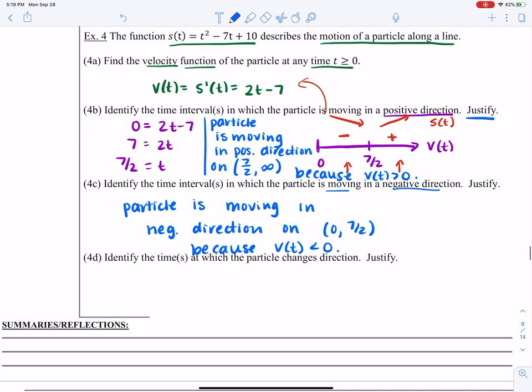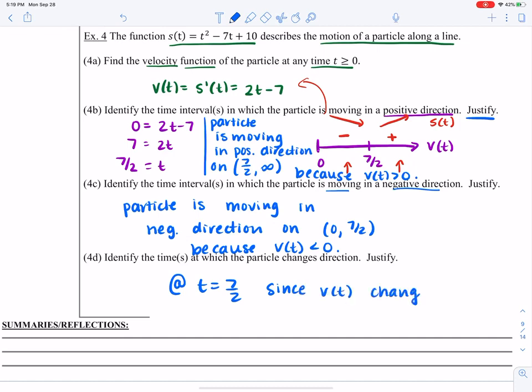So if it starts out in the negative direction and then changes to the positive direction, it's going to change direction at t equals 7 halves, since v of t changes from negative to positive.